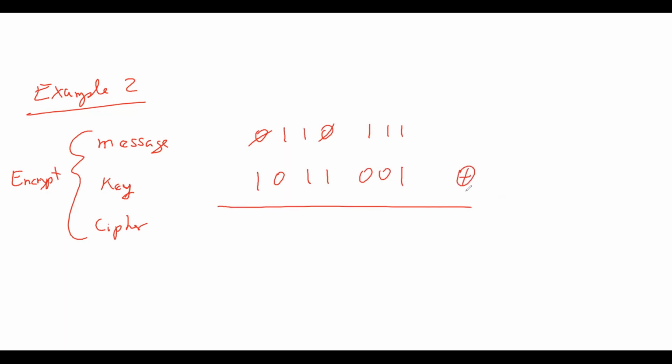So this should give me 1 1 0 1. What about this one? 1 1 1, and the last one? 0. There you go. That's the encrypt process. Now we need to do the decrypt process.